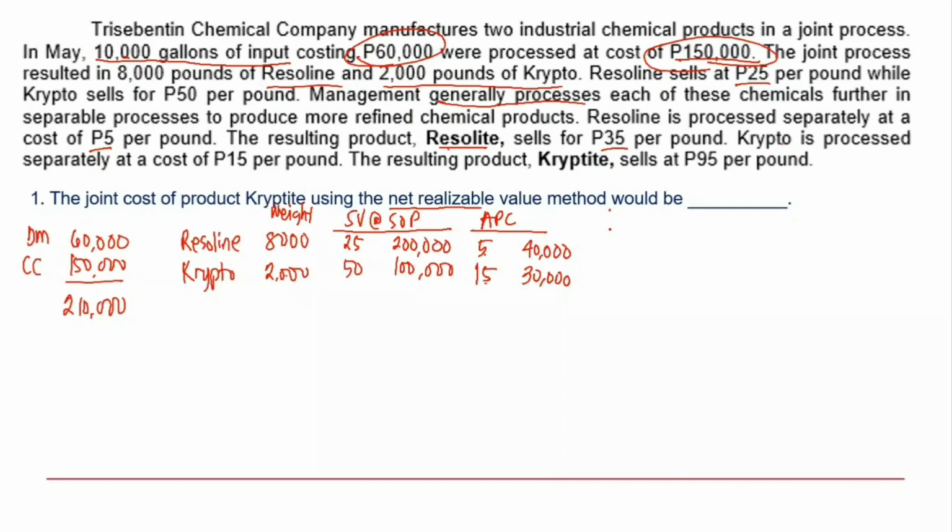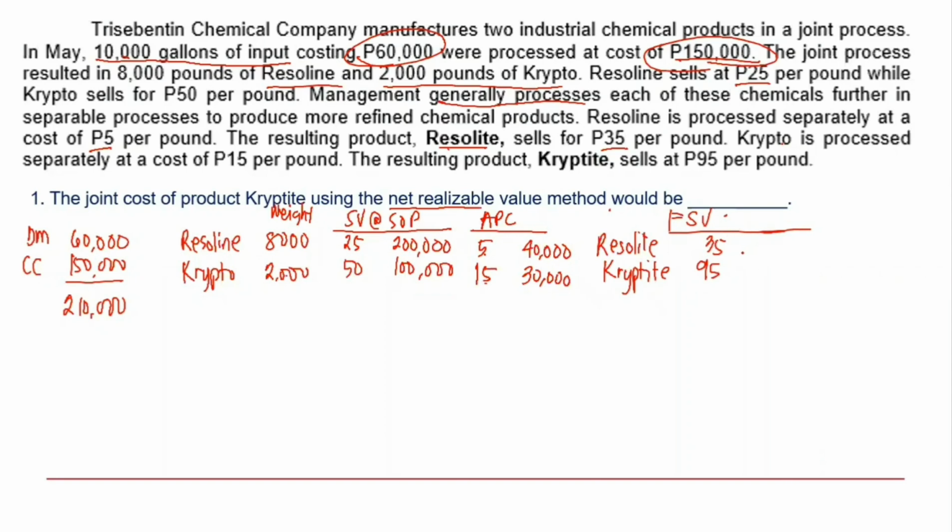Pero ang final sales value, kasi magiging Resolite and cryptide na yung isang product. So ang sales value niyan, final sales value, would be magkano kay Resolite? 35. Kay cryptide, 95. Ayan. So yan po yung naging data natin.